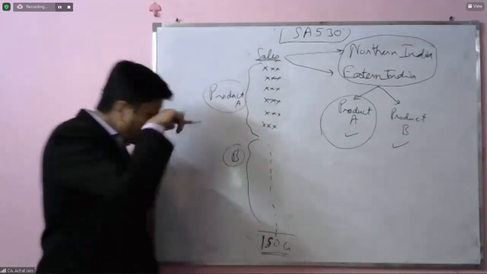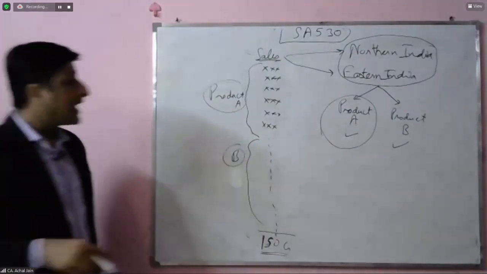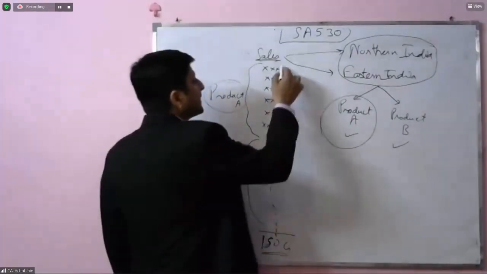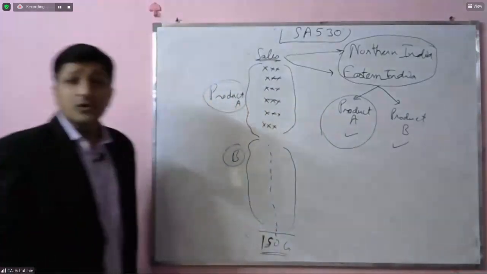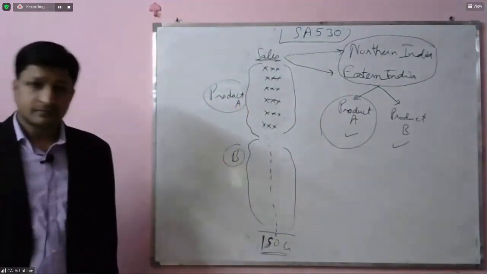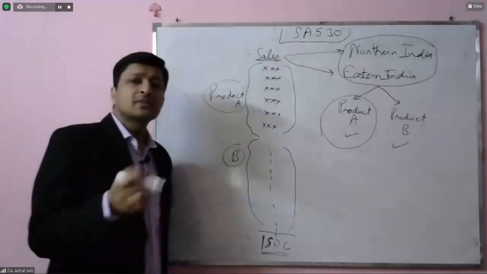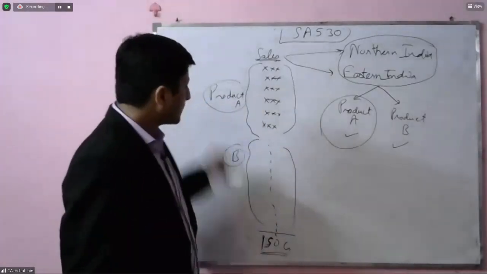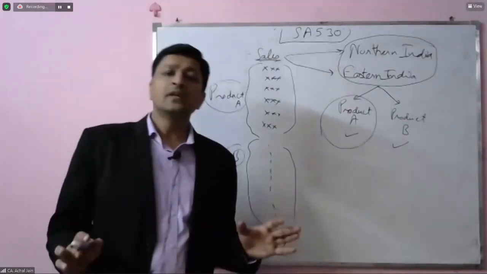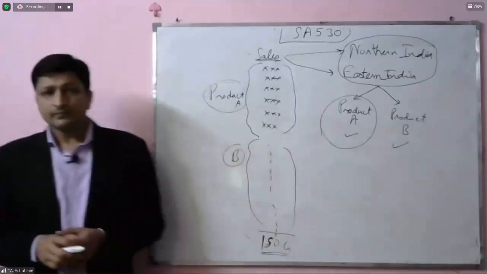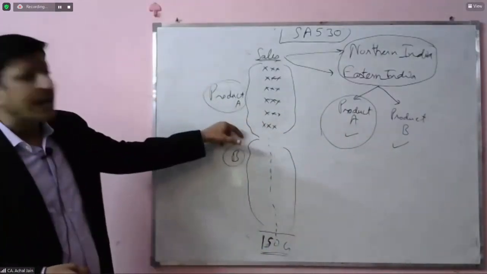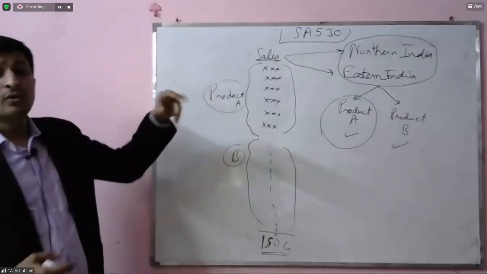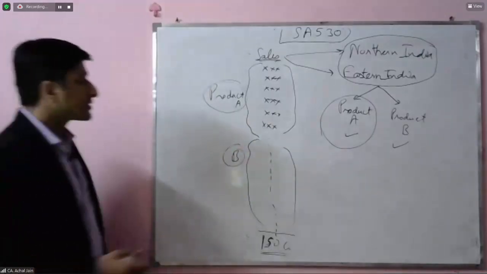Now what can the auditor do? The auditor can apply his sampling technique on this one and this one, because of which his objective, his requirement of picking up the samples related to both the products, would be fulfilled. Number two, he can then further divide this population into two more ways.